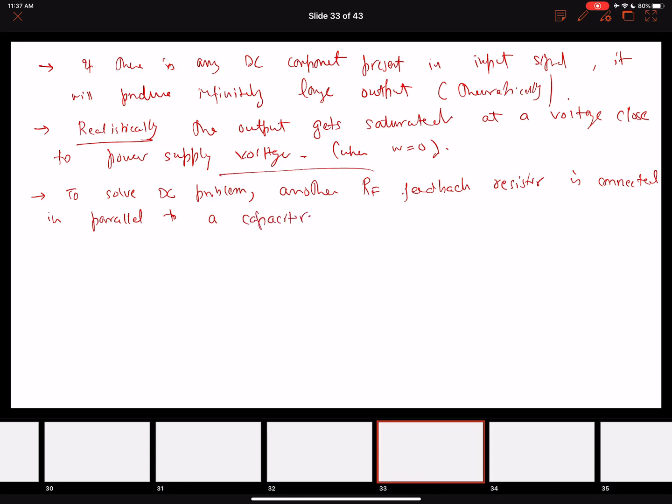So what we have now is this circuit, and this was the input resistance, and this is a capacitor. So rather than just using a capacitor, if we connect another feedback resistor RF here, that will help us solve this problem.